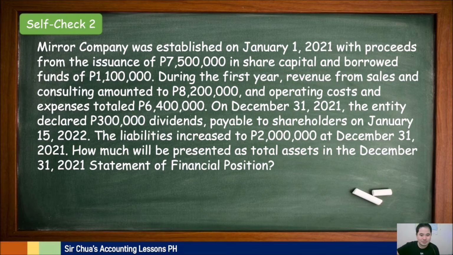On December 31, 2021, the entity declared 300,000 dividends payable to shareholders on January 15, 2022. The liabilities increased to 2 million at December 31, 2021. How much will be presented as total assets in the December 31, 2021 Statement of Financial Position? Pause the video if you need more time to think and play it again when you're ready.